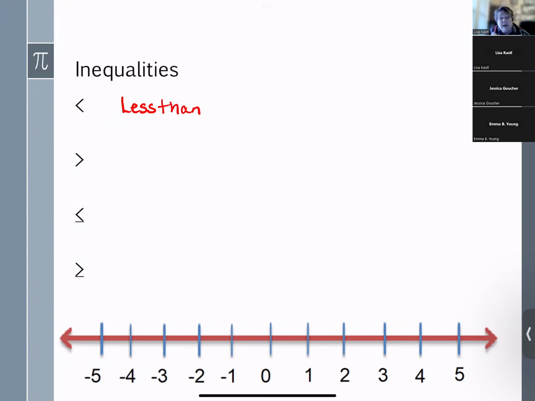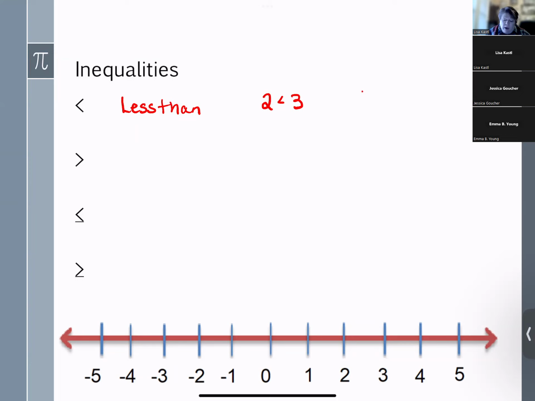So we can actually put numbers on each side of this symbol to show that relationship between numbers on the number line. So we could say something like 2 is less than 3. And 2 is less than 3 because 2 is to the left of 3 on the number line. In numerical order, 2 is smaller than 3.